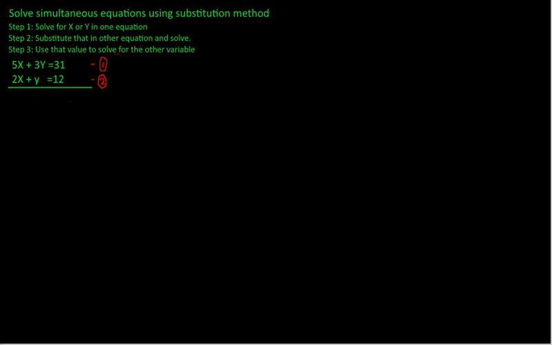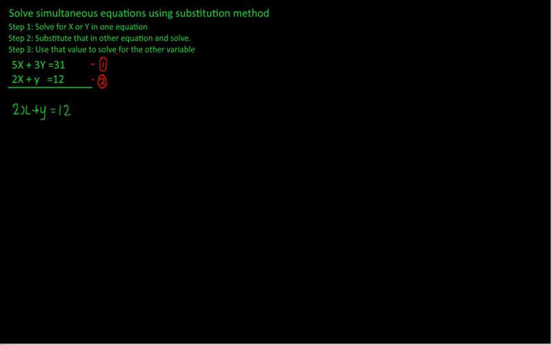For me, the easier one is the second equation, because I have y alone in that equation. So I am going to use the second equation for that. I am going to rewrite the second equation, that is 2x plus y equals 12.